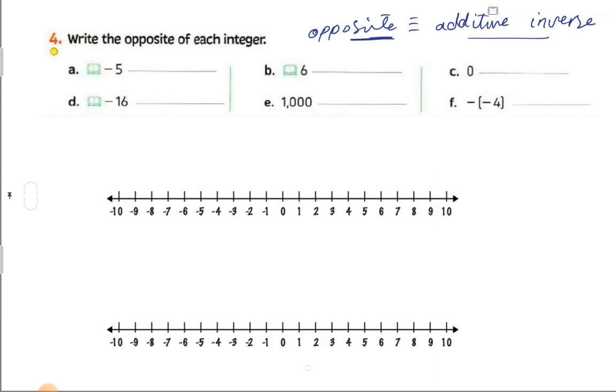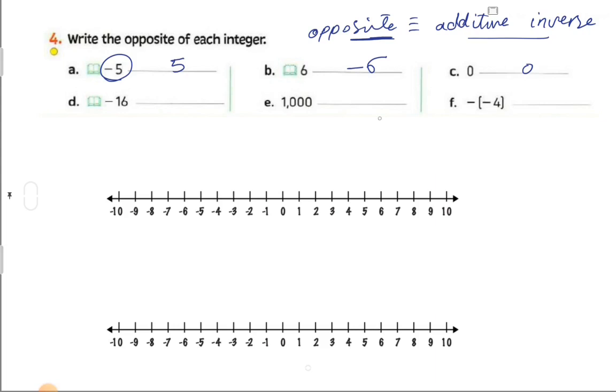Okay, now he said write the opposite. Negative 5, the opposite is just 5. The opposite of 6 is negative 6. 0 is its own opposite or additive inverse, just 0.